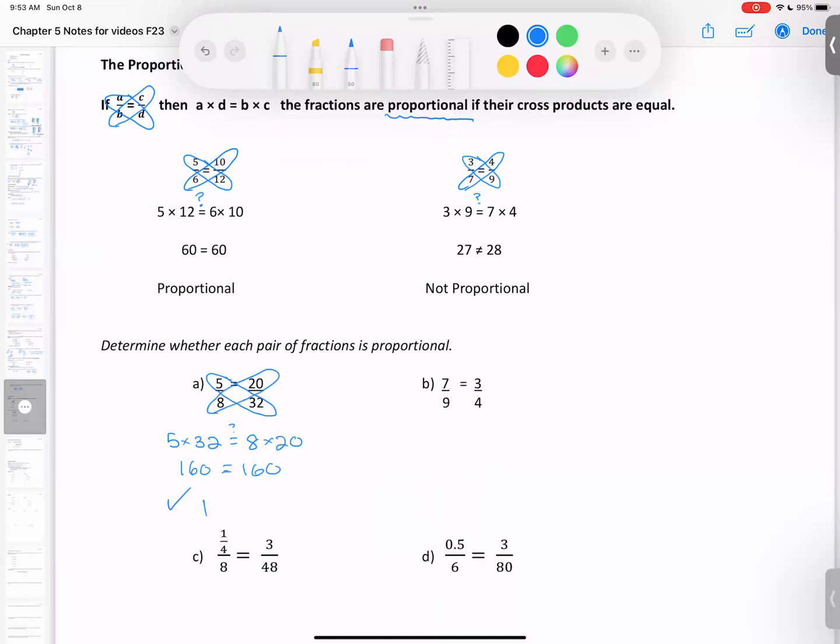So in this case, yes, they are proportional. Next one, again let's do the cross product. Does 7 times 4 equal 9 times 3? In this case, you'll find it doesn't. We'll get 28 on the left and 27 on the right, which are not equal to each other. So we would say not proportional.